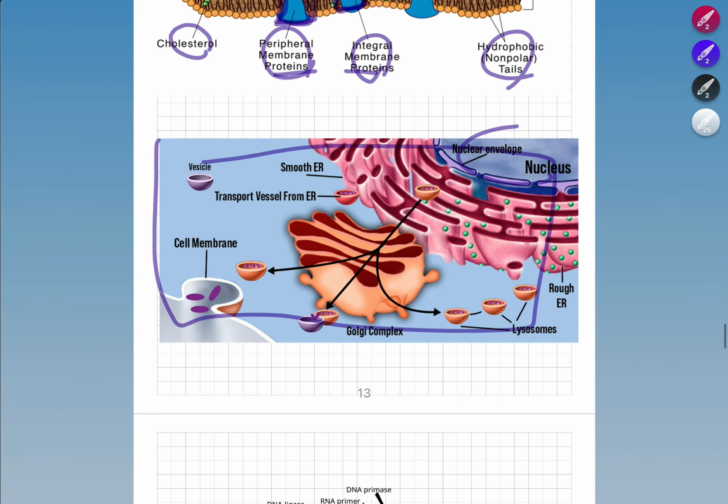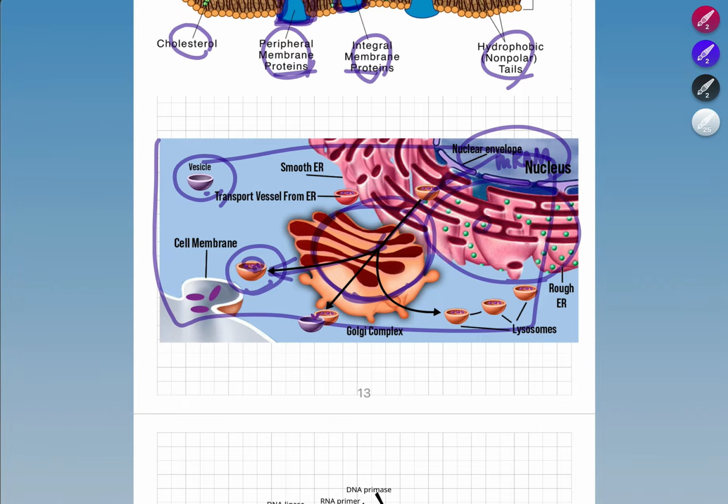What happens is, from the nucleus, the DNA is transcribed into mRNA, and then the rough ER and the ribosomes do their work, and then it goes to the Golgi apparatus and it does its work, and then the product, which is proteins that are being made, is transferred via vesicles, and then it either gets excreted out of the cell or gets used wherever it is needed within the cell.